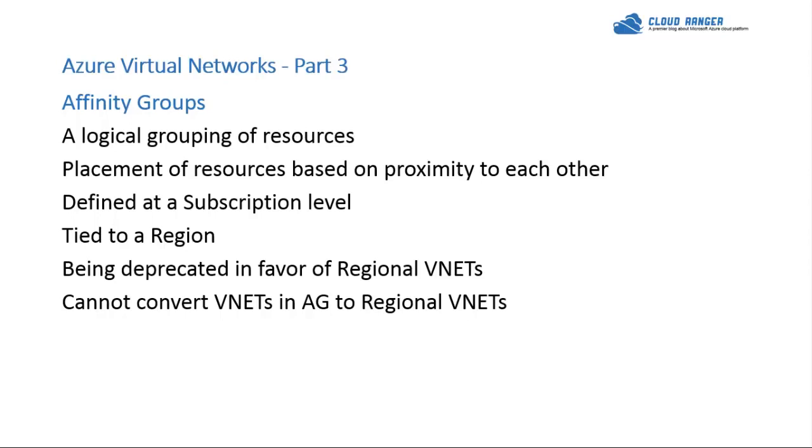It will try to put them on the same rack or the same cluster or close by, where they will be very efficient performance-wise. It was a very good idea, and it was defined at a subscription level. You create an affinity group at a subscription level, and we'll go through this momentarily in our demonstration. And like I said, it was tied to a region.